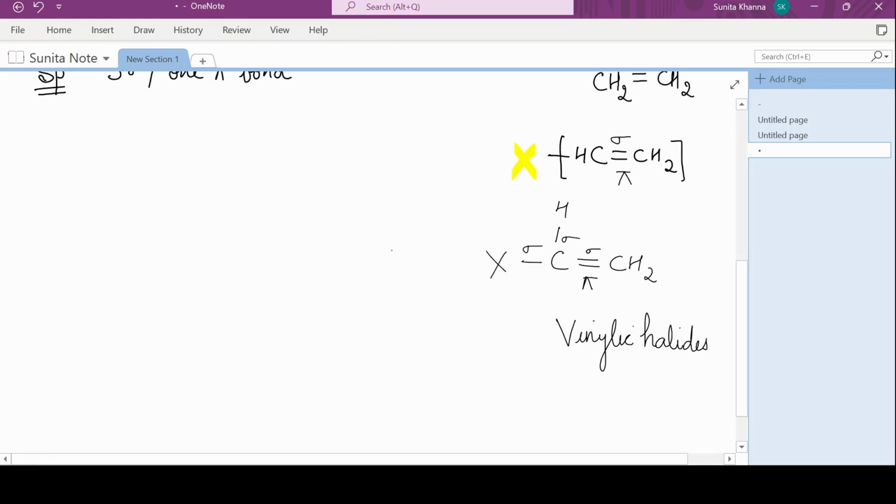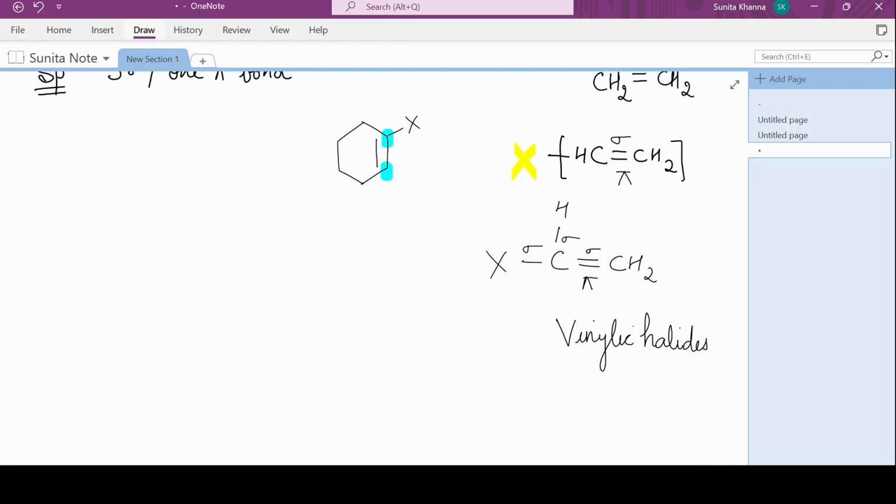Okay, we take another example, again with the ring structure. This one, as we took for the allylic one, but now hydrogen is attached here, halogen is attached here, to the doubly bonded carbon atom. This carbon atom is doubly bonded.